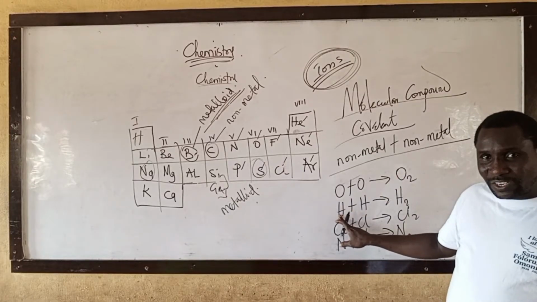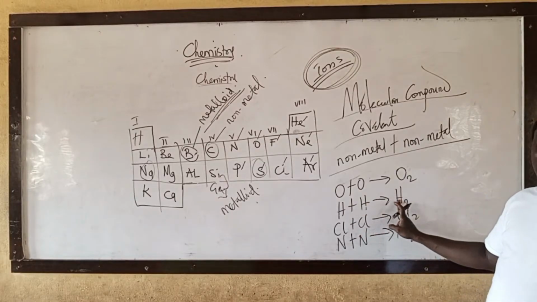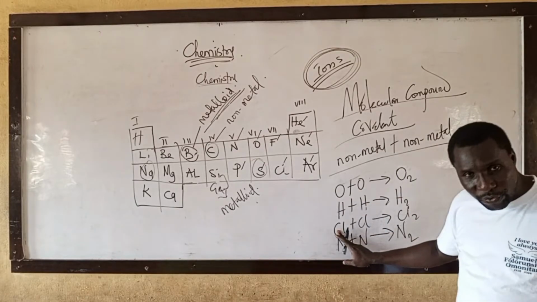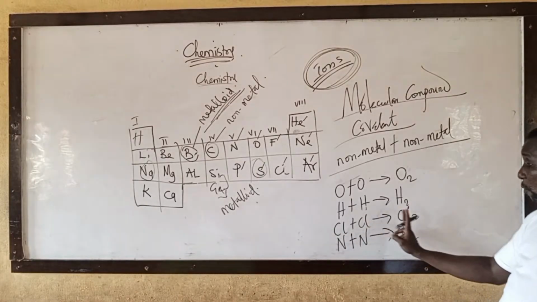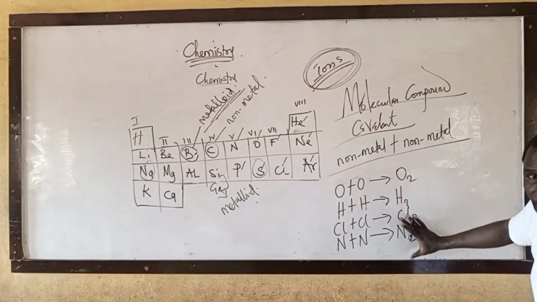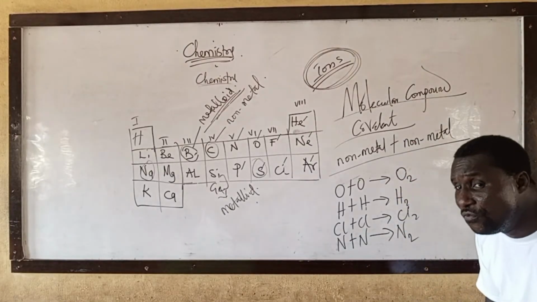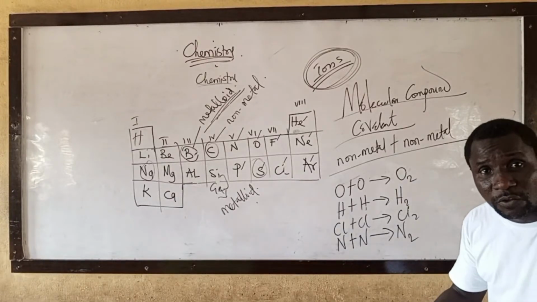A hydrogen atom is not stable; it combines with another hydrogen atom to form hydrogen gas. A chlorine atom is not stable; it combines with another chlorine atom to form chlorine gas. In these molecules of gases, what bond occurs? Covalent bond. They are called molecules of gases.